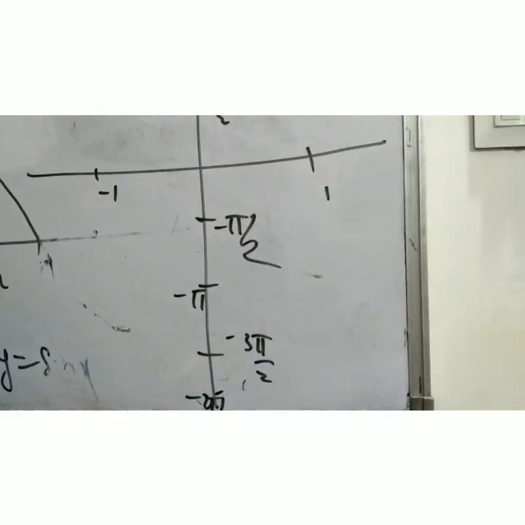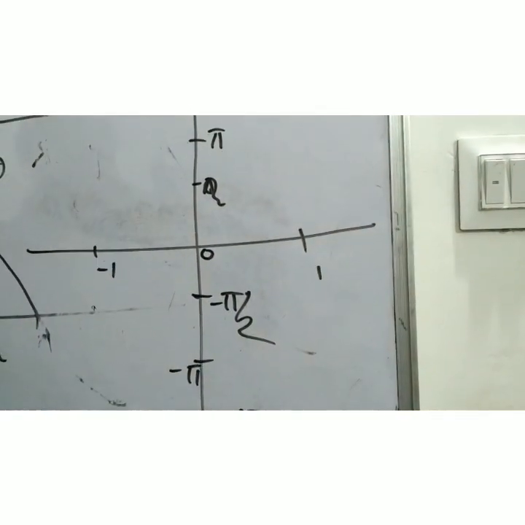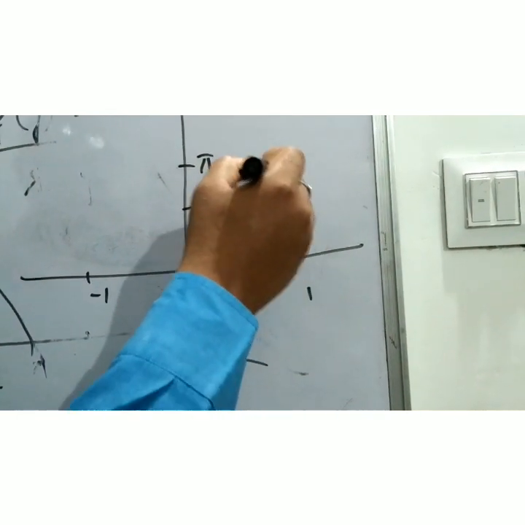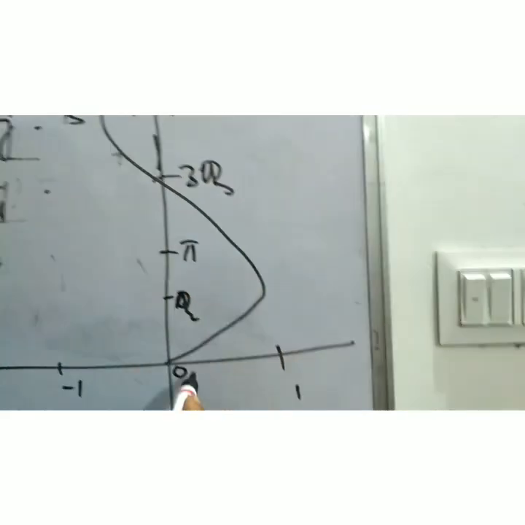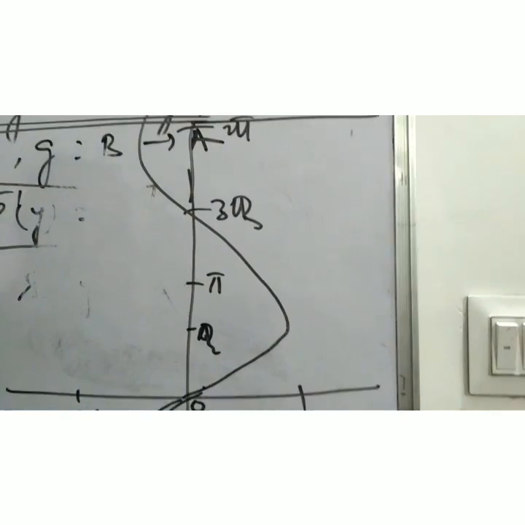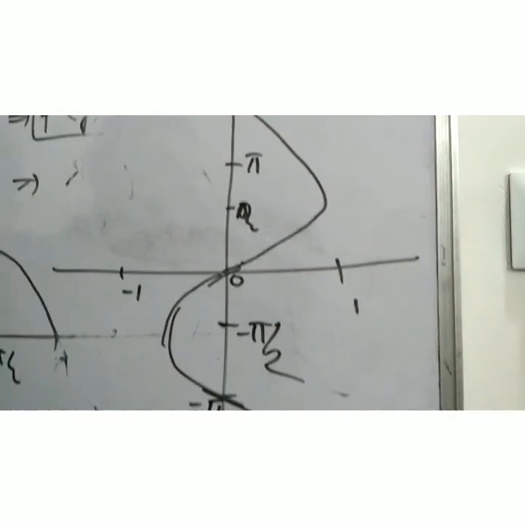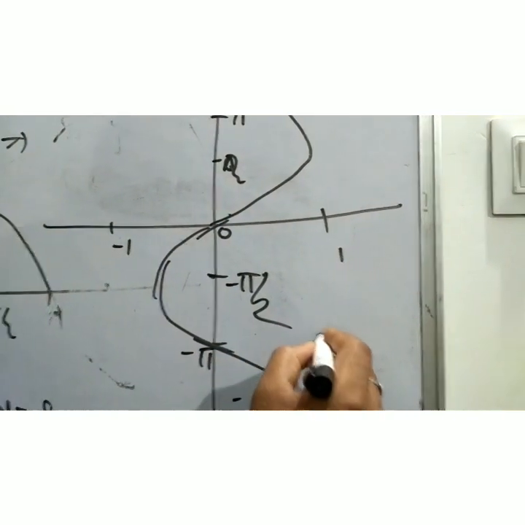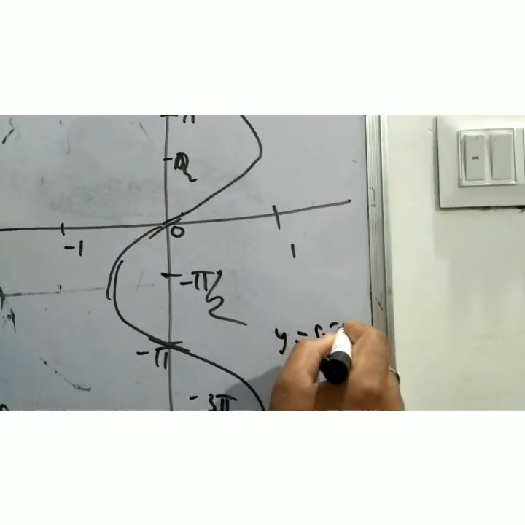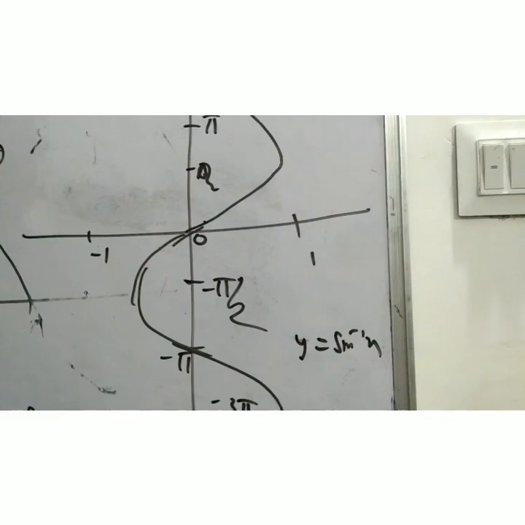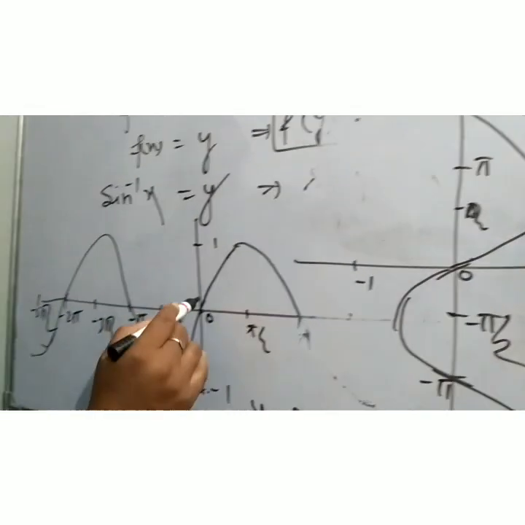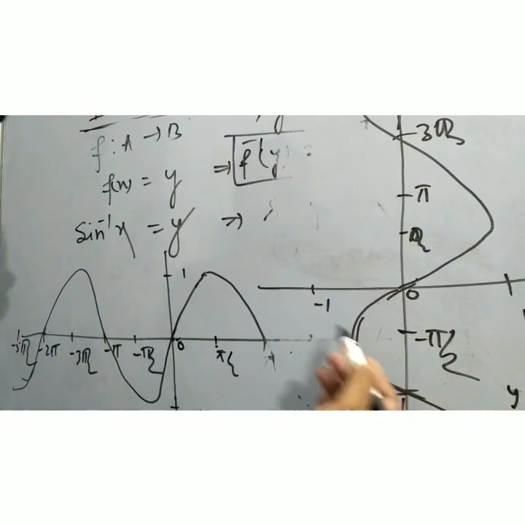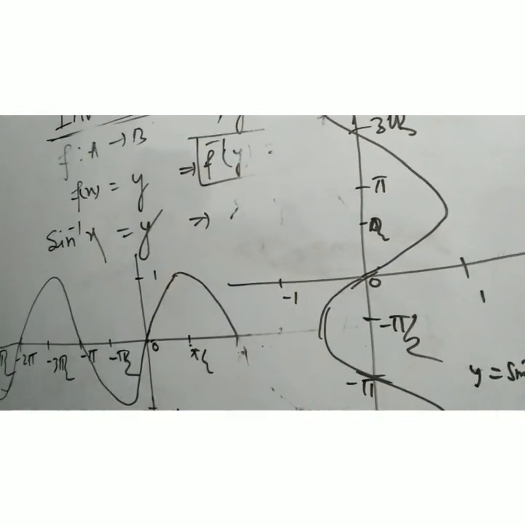minus 2 pi. Similarly, it will be 0. So that is y is equal to sine inverse x. In this case, the domain part earlier was 0, pi by 2, pi, 3 pi by 2, 2 pi.